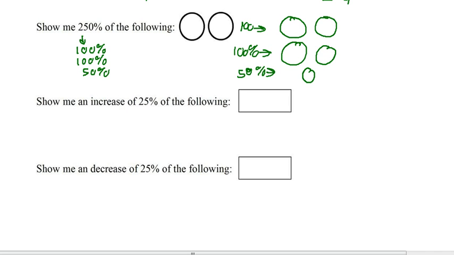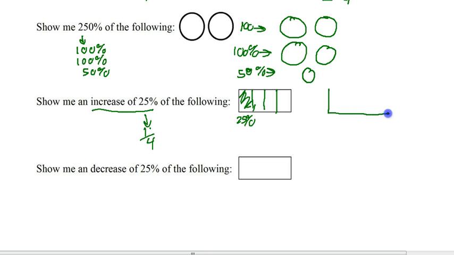What if it says show me an increase of 25%? Well, an increase means that we're going to take the whole and we're going to increase it by 25%. So if we cut this into 4 pieces, we know that 25% is the same as 1/4. So that would be right there. This is 25%. What we want is an increase of 25%.